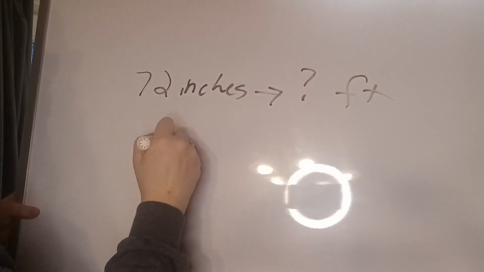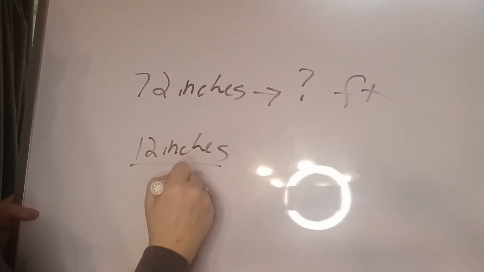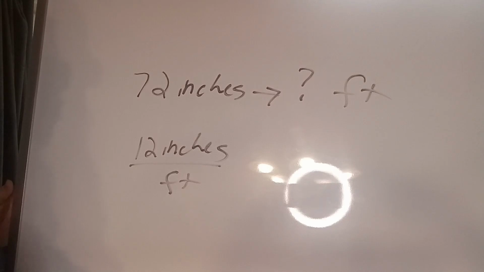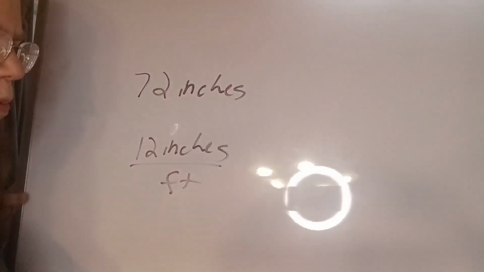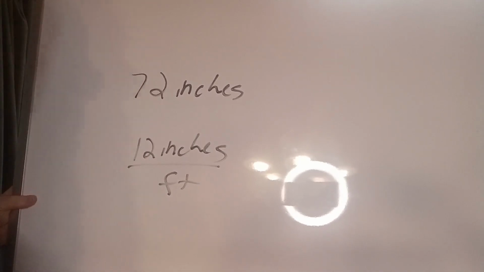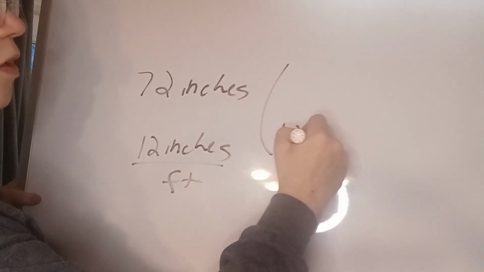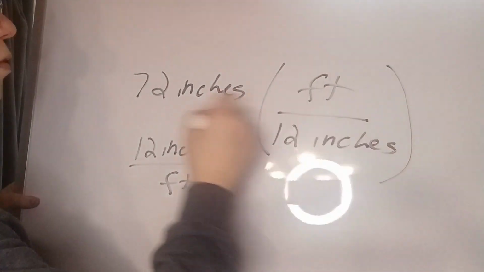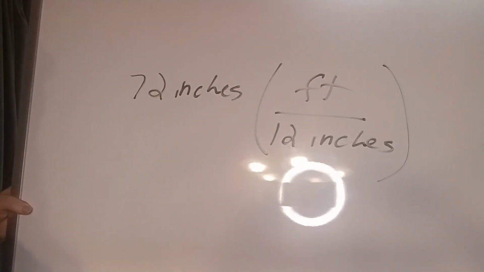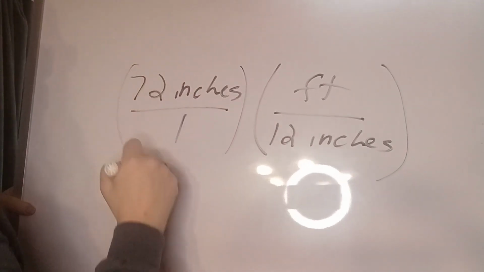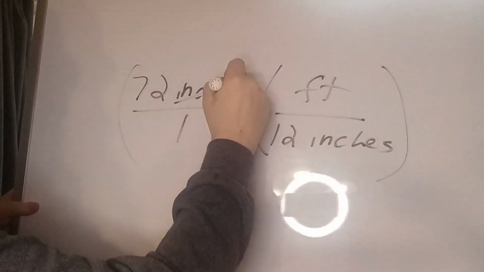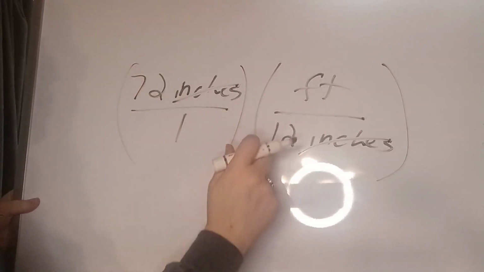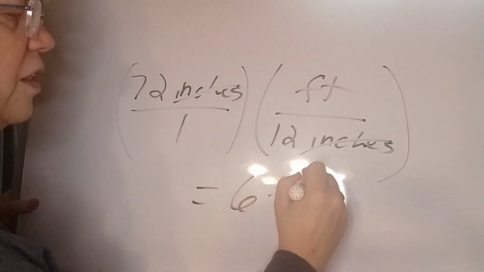We know that it's 12 inches per foot. So do we multiply this 72 by 12 or divide it? Okay? Well, we've got inches on the top. To get rid of it, we have to have inches on the bottom. So we have to put the 12 inches on the bottom and the foot here. Okay? The inches will cancel and we'll have feet left over. So 72 divided by 12 is 6 feet.